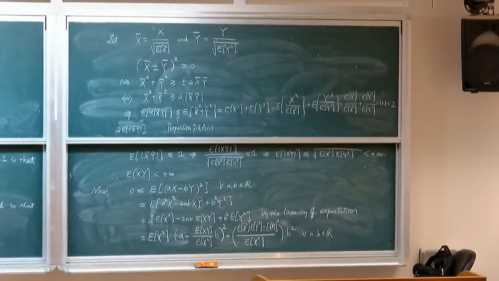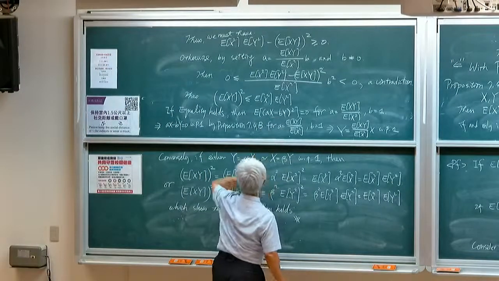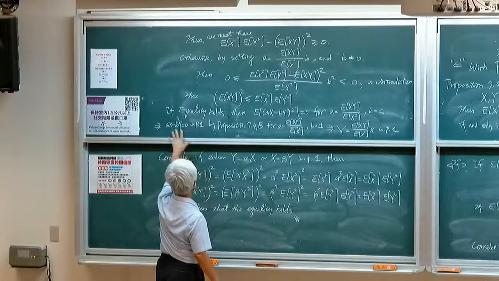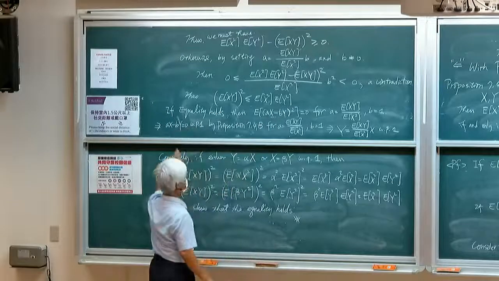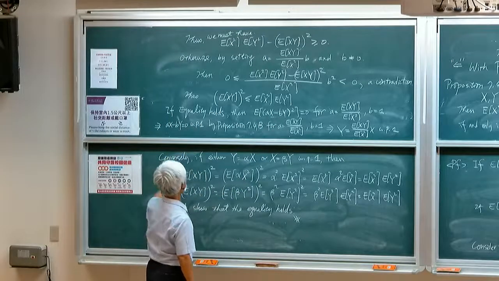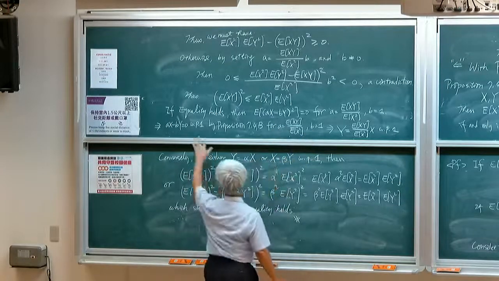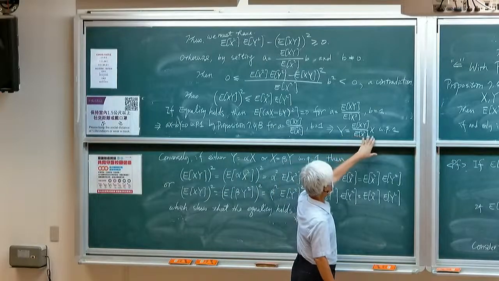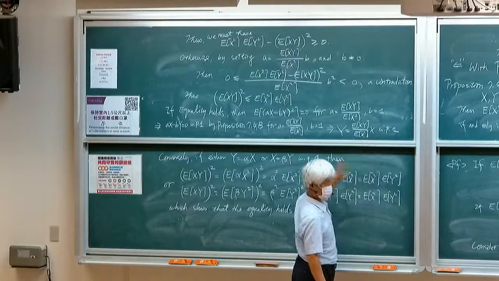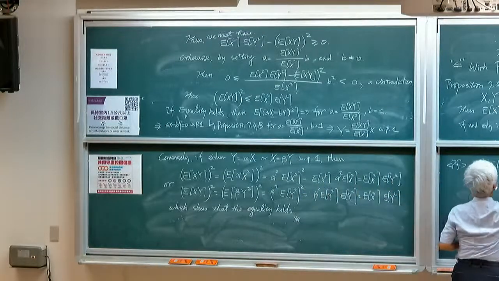So in that case, because this is 0, by proposition 7.4.b, this difference is 0 with probability 1. And with a being this number and b equal to 1, when we plug into here, we find that y is the scalar multiple of the random variable x with probability 1. Okay, so this direction is true.